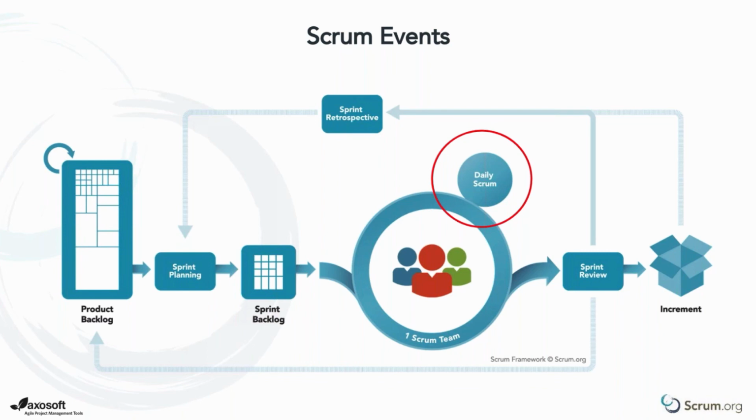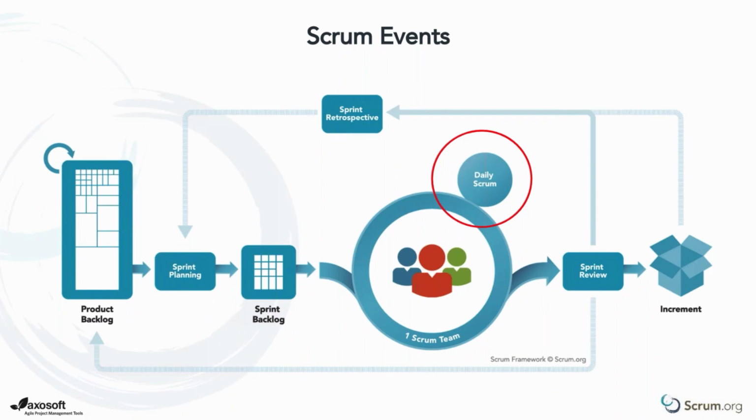Now we're going to look at what kind of work has been happening. Are there impediments? And Jonathan will give you some demo of how a daily Scrum takes place. We're going to look at those things and ask, are things getting in the way? Is something being blocked? Now, at the end of the day, we shouldn't be waiting for the daily Scrum. If I've got an issue and we can resolve it outside of the daily Scrum, we should do that.